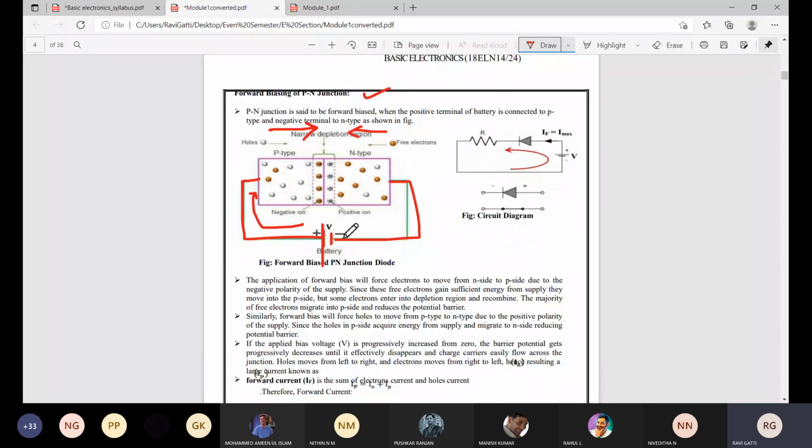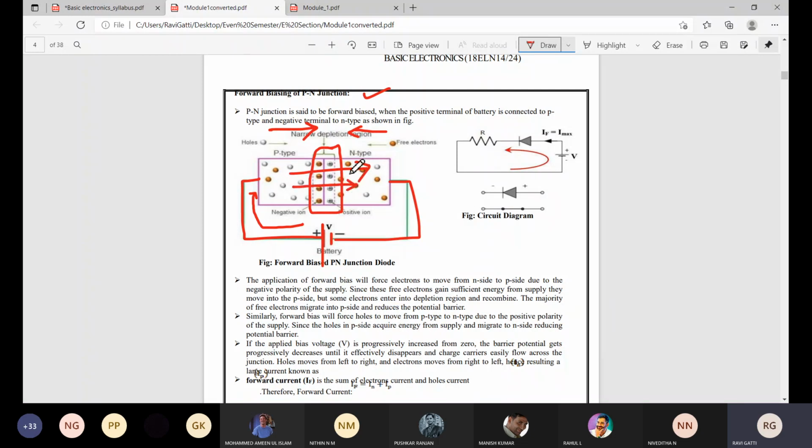If the voltage you are applying is greater than the barrier potential you have created, then the depletion region vanishes.